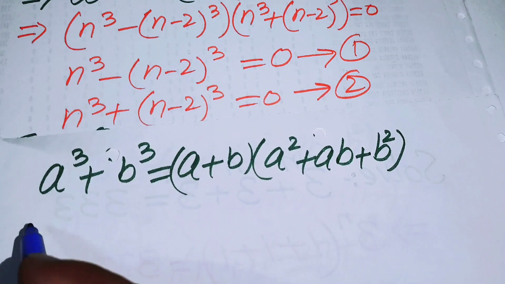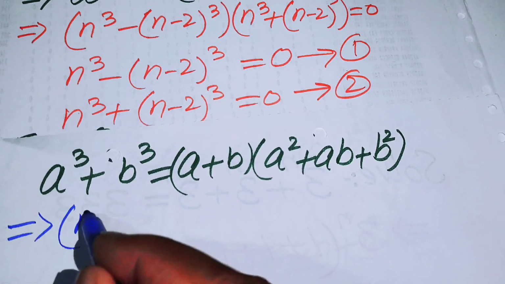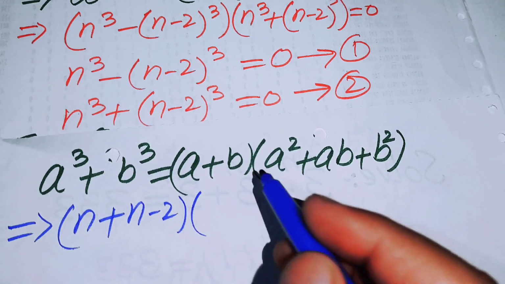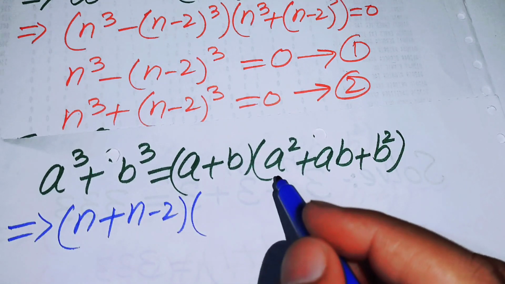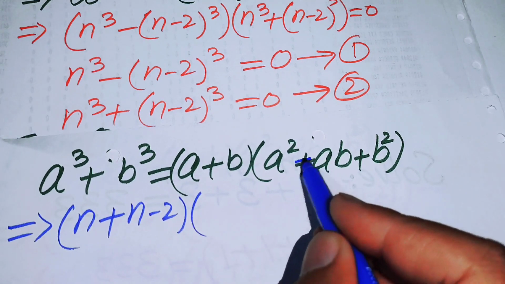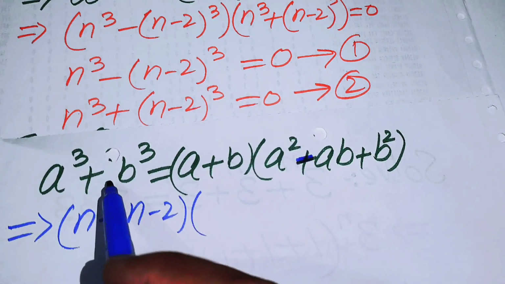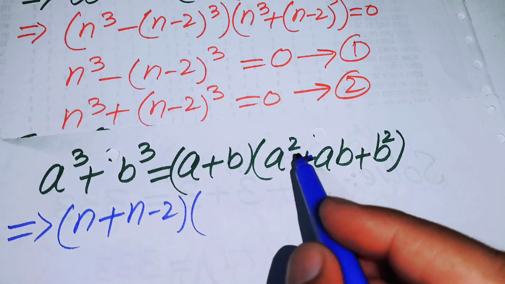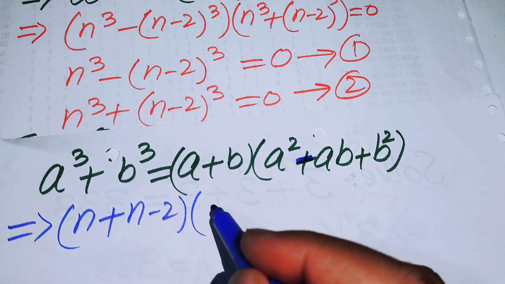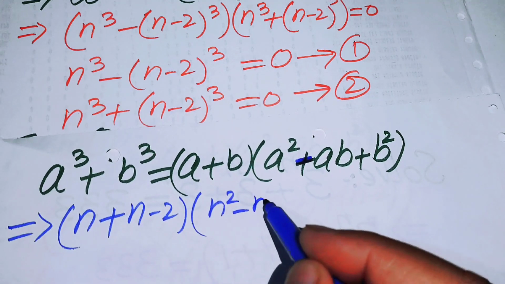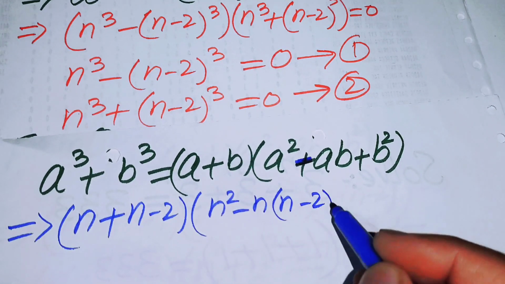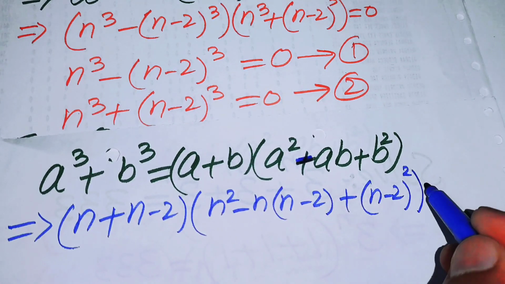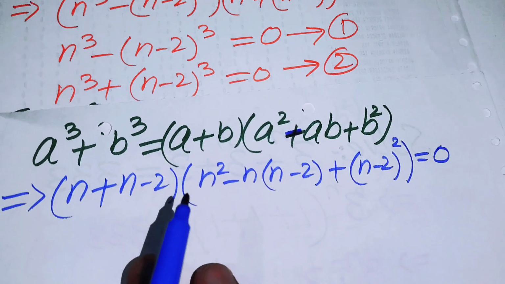So this term will be written as n plus n minus 2 times, sorry, this is the negative sign, because a cubed plus b cubed is a plus b times a squared minus ab plus b squared. And here you have a squared, and a is n squared, minus n times n minus 2, plus n minus 2 whole squared, and this whole equation is equal to 0.